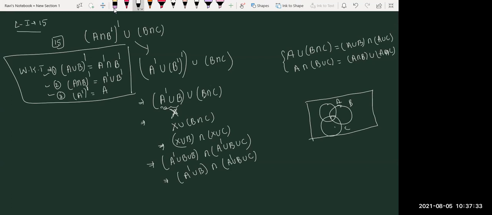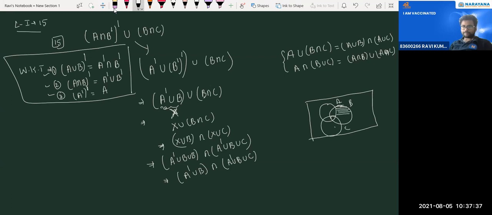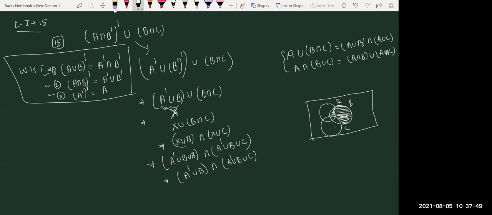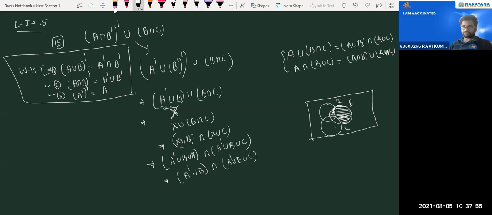So A will not be there, but it's a union with B. Union with B means this part also will come or not? A complement means we can't take that A value, everything other than A we can take here. A part will not come.